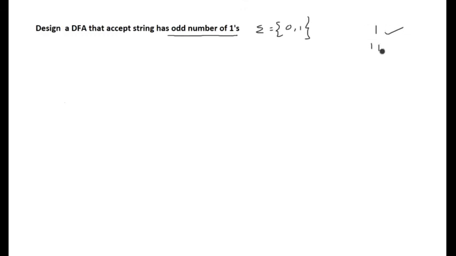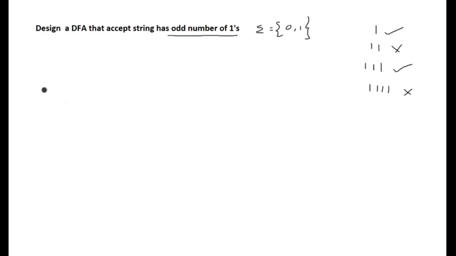If two ones are seen, it is an even number of ones, and the string should not be accepted. If it has seen three ones, it is an odd number of ones, so it should be accepted. If four ones are seen, it is even, so it should not be accepted. There is no restriction for zeros, and zeros can come in between these ones.